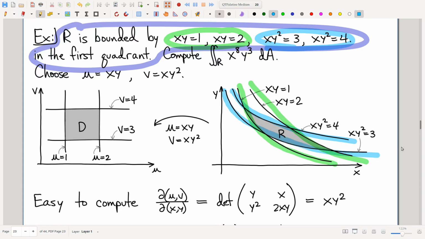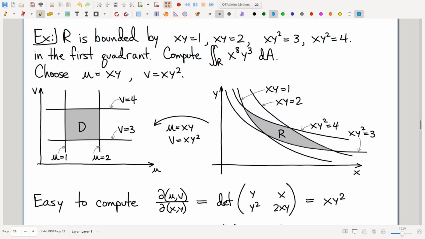We have 4 equations, more to the point, 2 pairs of equations, both of which are level sets. And again, this comes up surprisingly often. So, if this is my domain, then I'm trying to do an integral on this region.